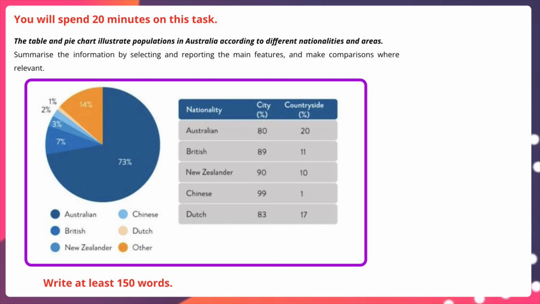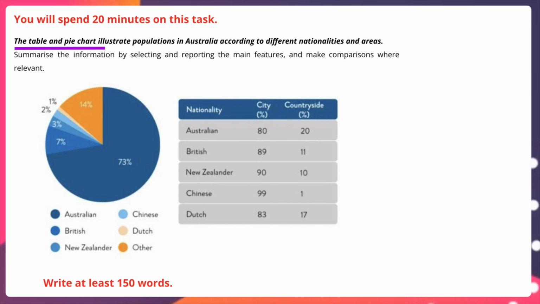The question is, the table and pie chart illustrate populations in Australia according to different nationalities and areas. This is the main question, and you can see that this particular question has a pie chart and a table chart. The categories explained in these two diagrams are almost the same, with an exception, that is the pie chart contains the other nationalities whereas the table chart excludes this particular category.